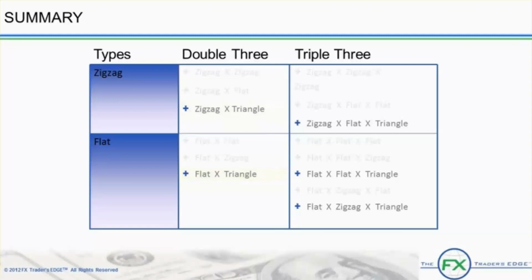A flat double three can start with a flat and end with a triangle. A zigzag triple three can have a zigzag flat triangle combination. Flat triple three can form a flat, flat triangle or a flat zigzag triangle.